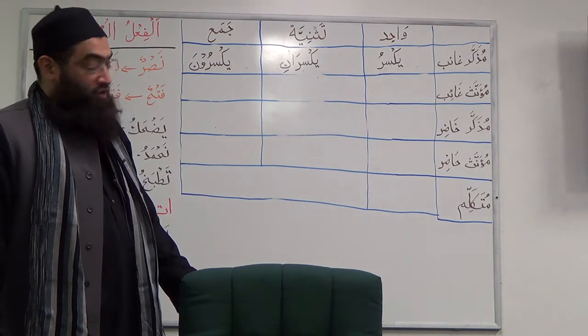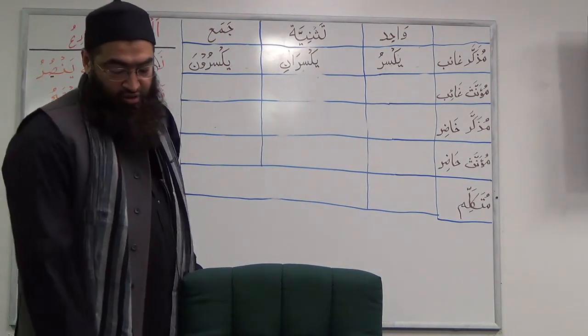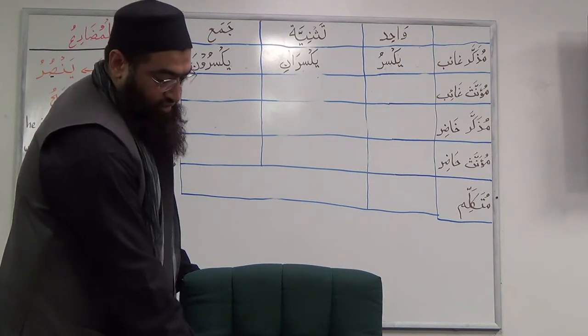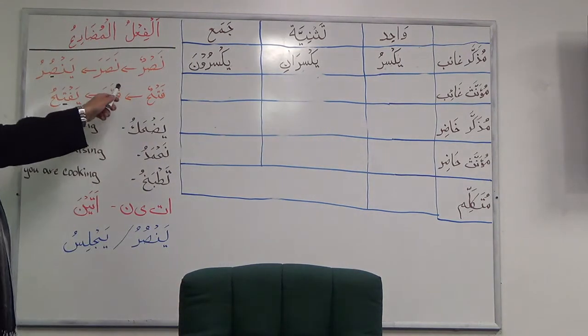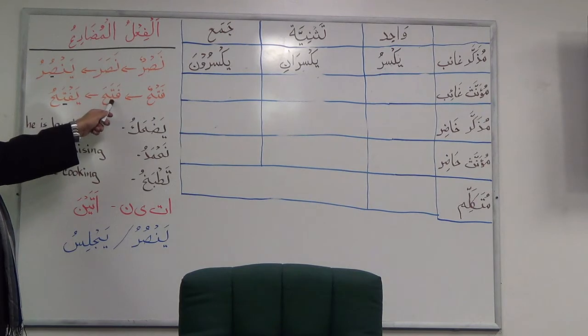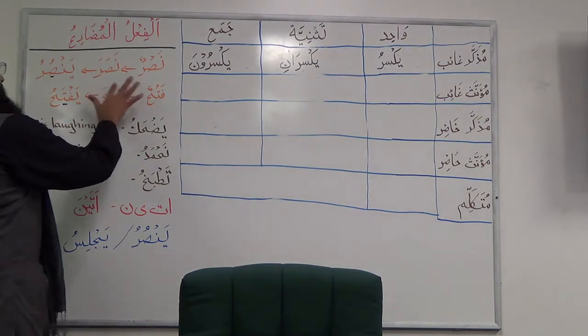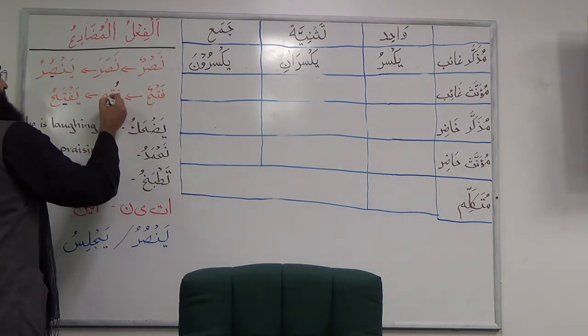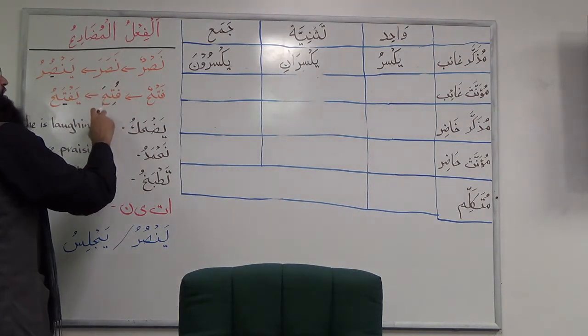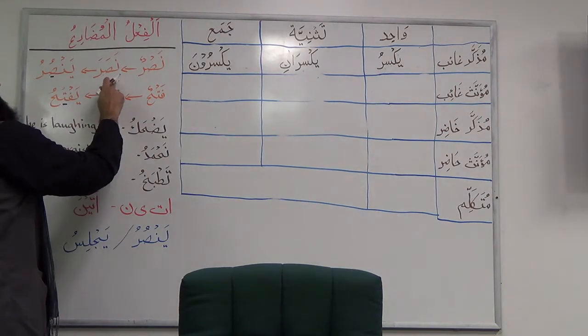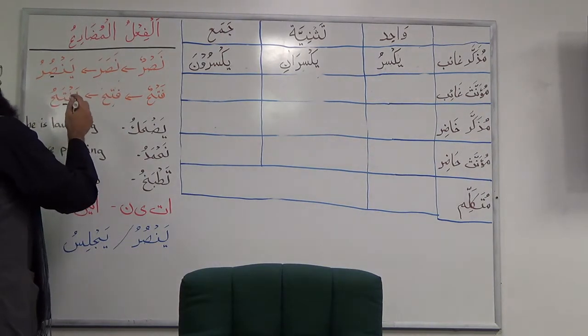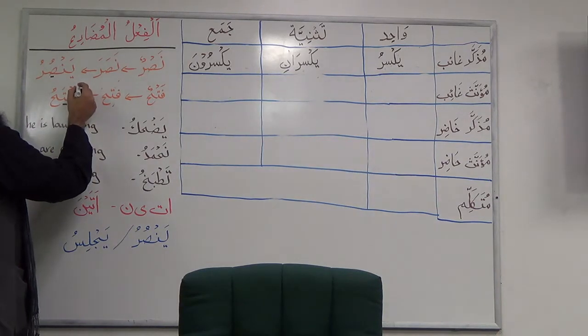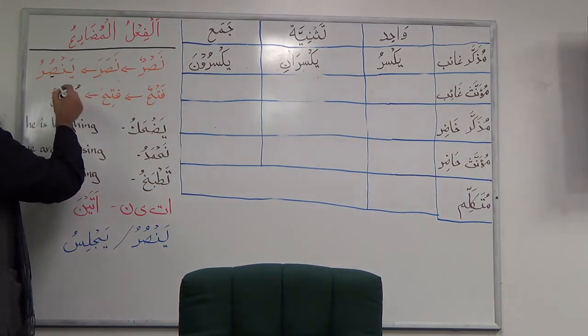So what will you do to make it majhul? For the madi, we put a dhamma on the fa kalima and a kasra on the ain kalima and left the lam kalima the way it was, so it became fu'ila. Fu'ila or futiha, so it became majhul. So what will we do to the yaftahu? So the rule is that you're going to change the fatha to a dhamma, and then the ain kalima will become a fatha.